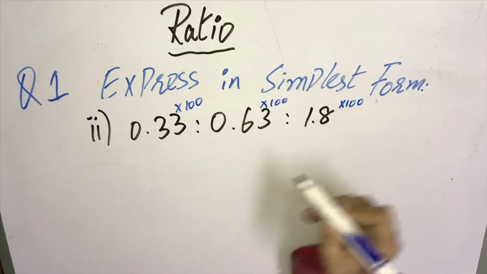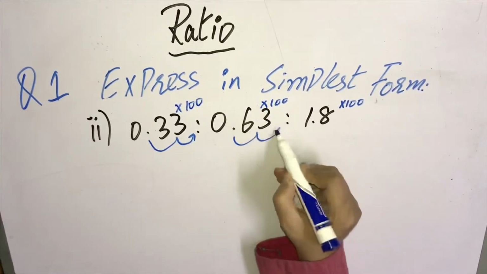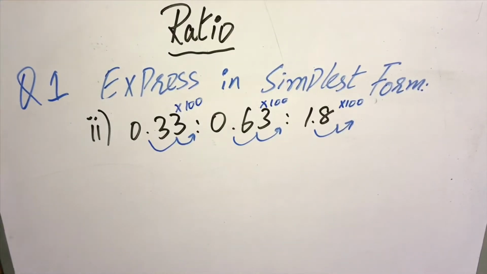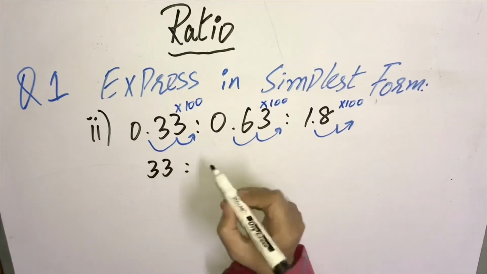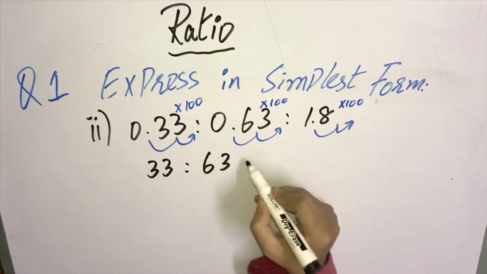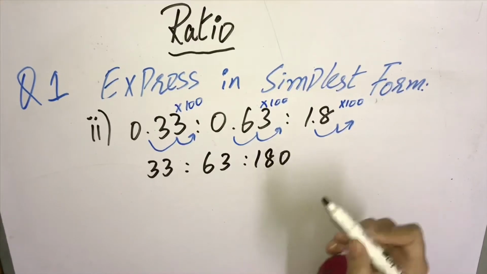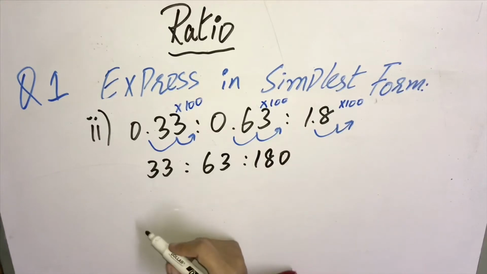When we multiply with 100, our decimal will move 2 digits towards the right side. The numbers we will have are 33, 63 and 180. As it had one decimal place, we shall have an additional 0 with it.